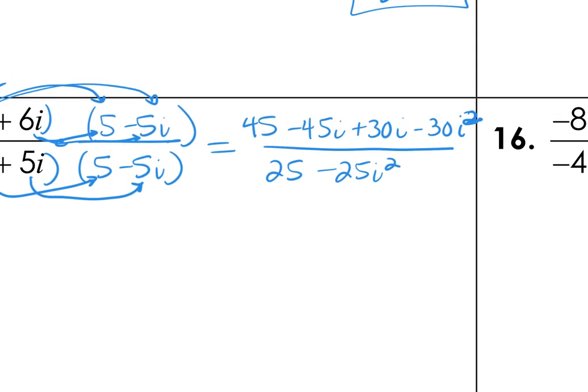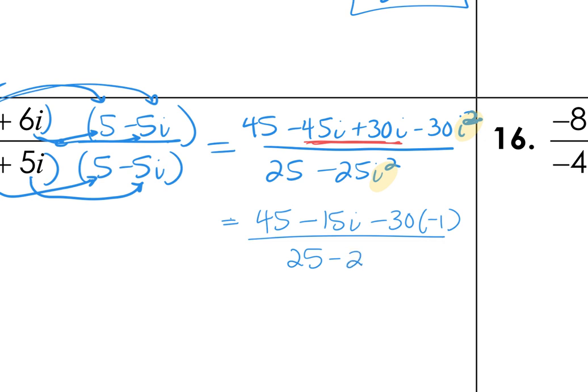So we're going to begin to simplify. We know i squared will be negative 1, but in this case, I'm also going to combine those like terms in my numerator. So for the numerator, it's going to be 45 minus 15i minus 30 times negative 1. My denominator is 25 minus 25 times negative 1.